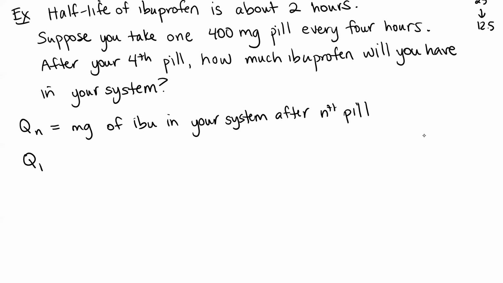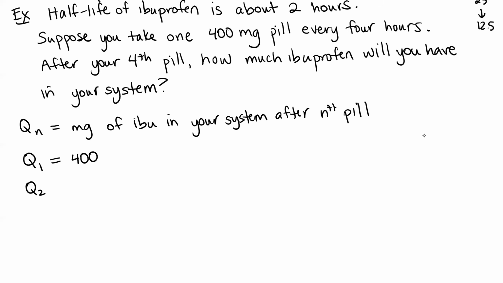So Q1 is the amount of ibuprofen in your system after the first pill. So you take one pill, that's 400 milligrams, then let's pretend it gets immediately absorbed. You'll have 400 milligrams of ibuprofen in your system because it's a 400 milligram pill.